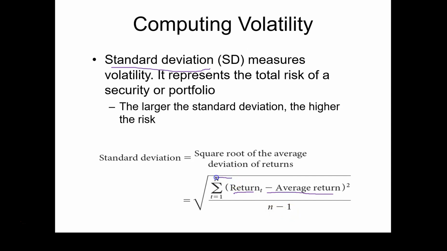That will give us something called the variance. You may remember that from your stats class. So standard deviation actually is the square root of the variance.